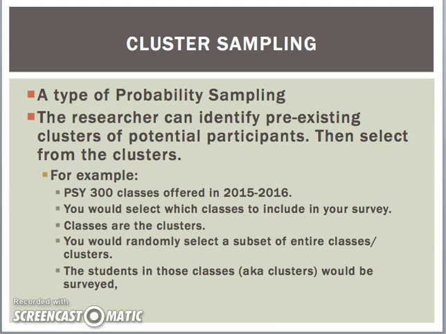So I would select which classes I'm going to include as a possibility, and the classes themselves are the clusters, and then I would randomly select a subset of clusters. Maybe there are 20 sections of Psychology 300 being offered in that one academic year, and I want to select 5 of them. Then I would select 5 of those classes.